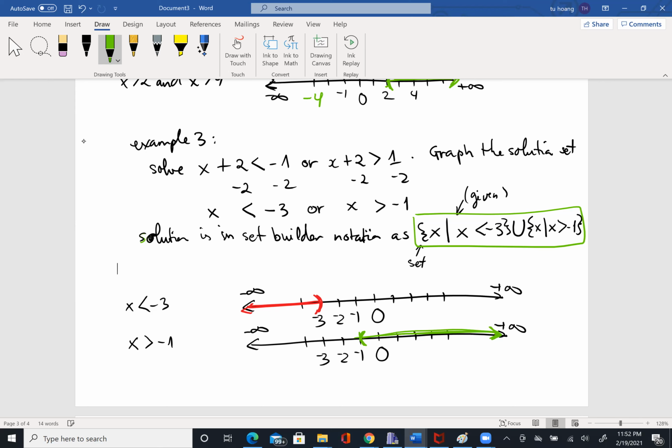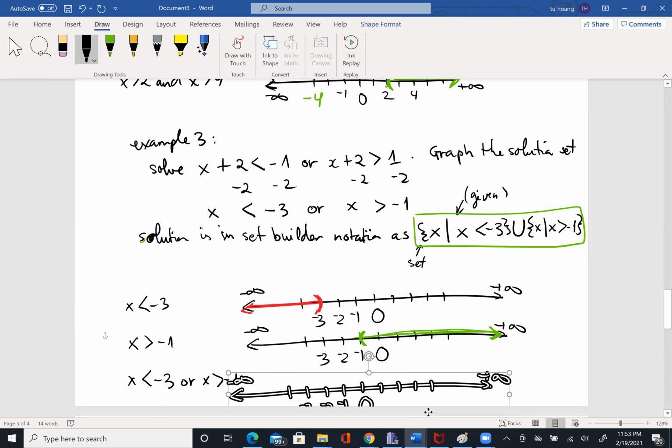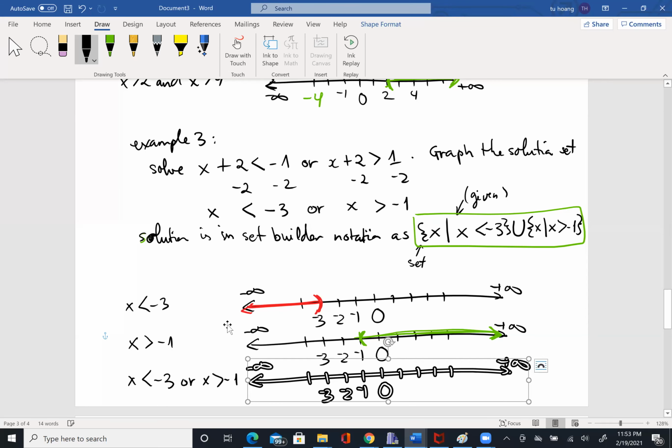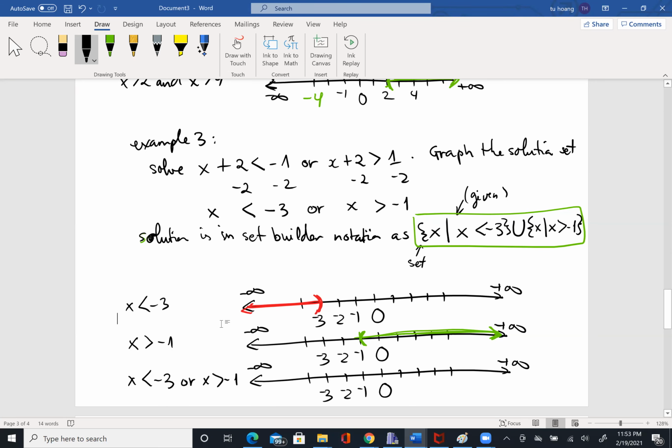So now, in order to show the solution, you can say x less than -3 or x greater than -1, and then draw the combination of both these solution sets.